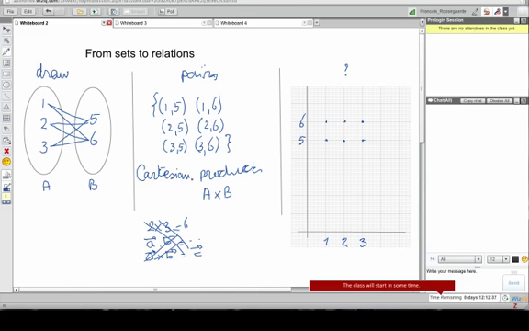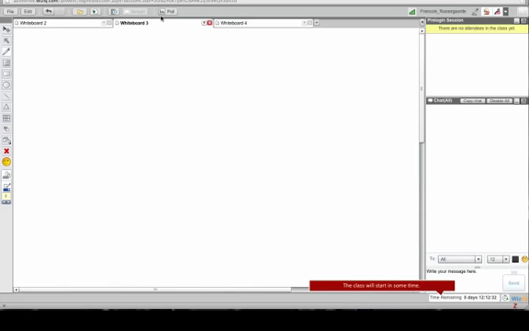Okay. Now, what do we know about this Cartesian product? Let's have a look. First of all, if I want to multiply this Cartesian product with a scalar, like for instance 2 or 3 or in general n, this is the same as multiplying A by n, multiplying B by n, and taking the Cartesian product between the two.